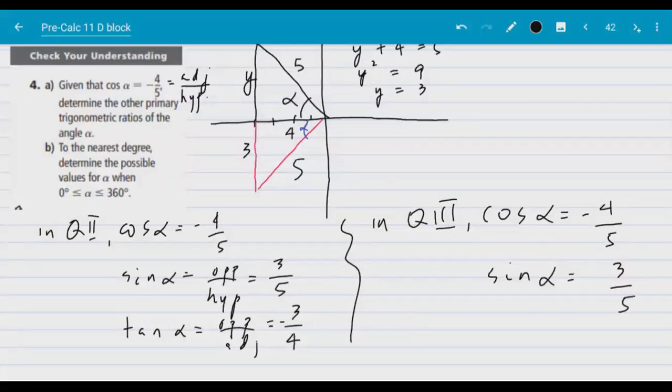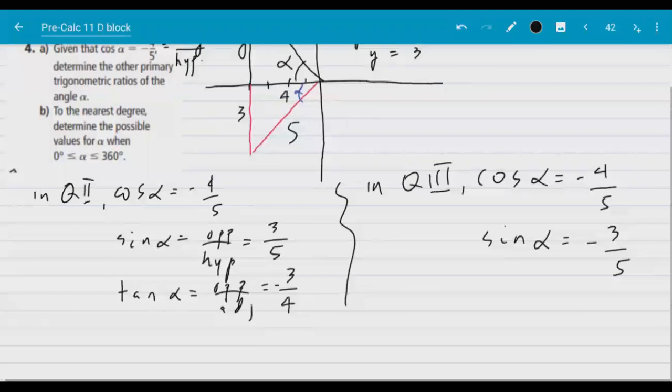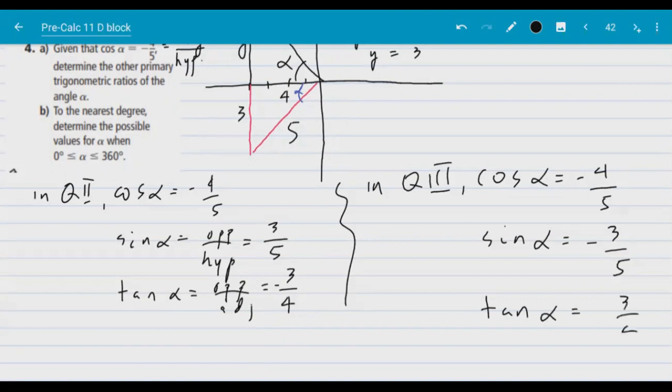Is it positive or negative for the sine ratio in quadrant 3? And it's going to be negative. While the tangent of alpha in quadrant 3 will also be 3/4 because it's opposite over adjacent, but we ask ourselves, is it positive or negative? And in quadrant 3, the tangent is positive.